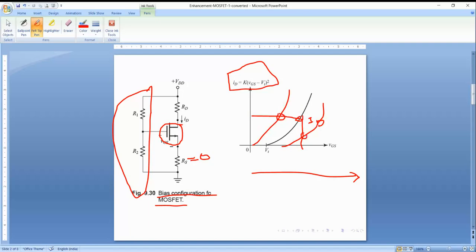Therefore, fixed bias in N-channel enhancement MOSFET is not possible. So we never make RS equal to 0. The only biasing circuit which is valid for enhancement MOSFET is shown in the figure.